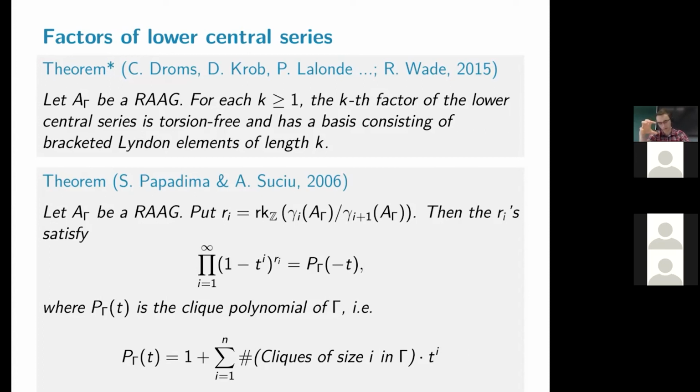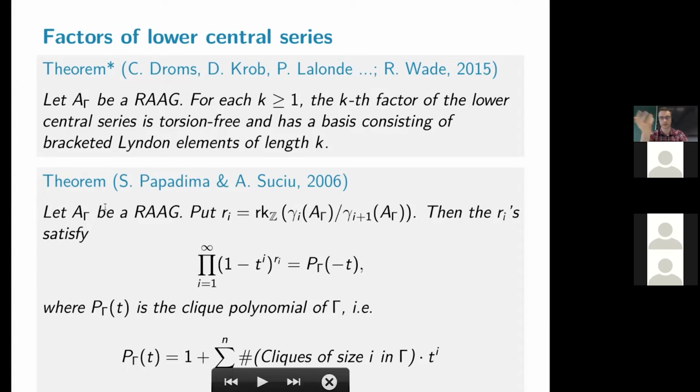And in another way, in a slightly more complicated way, there was a formula derived for the rank of your ith factor. So we know it's a free abelian group, but if you are interested in the rank, we can compute this as follows. And this is by Papadima and Suciu from 2006.